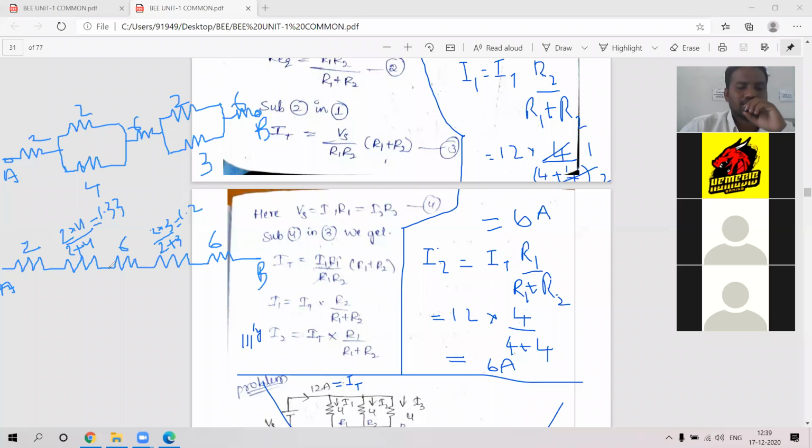All are connected in series, so only one resistor will be there. Tell me the answer now: 2 plus 6 plus 6 plus 1.33 plus 1.2.